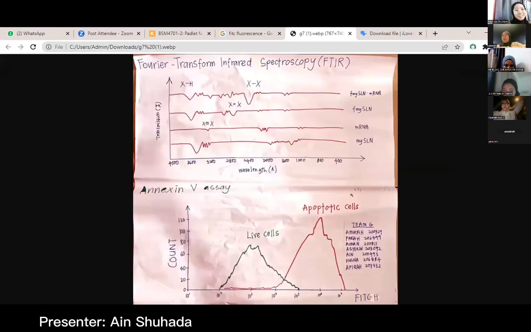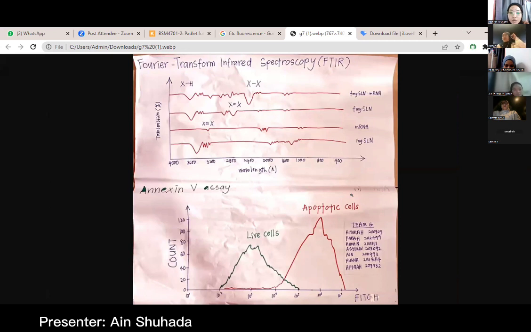For the FTIR spectroscopy, before that, we need to know what the spectra are for the MSNN and mRNA. For MSNN, the wavelengths are at 3,600 to 3,200, and also from 2,000 to 1,200.